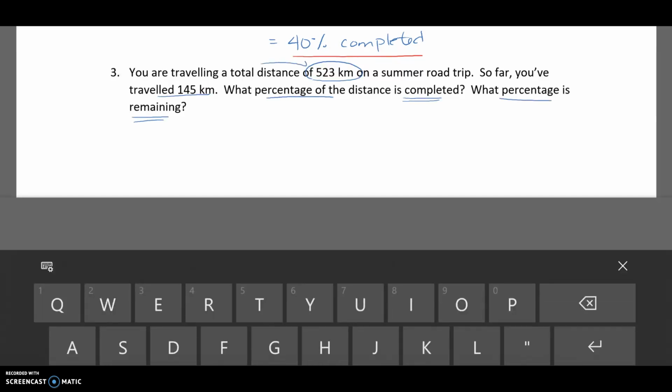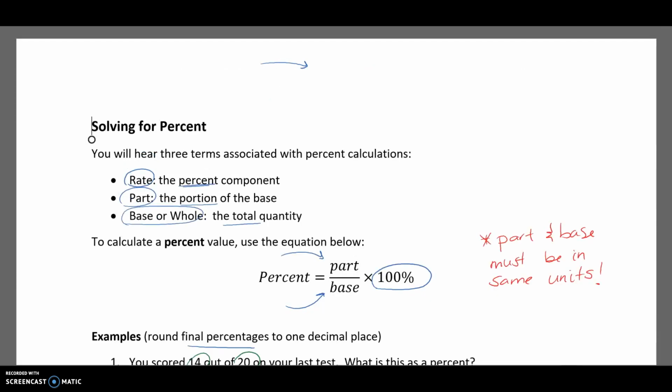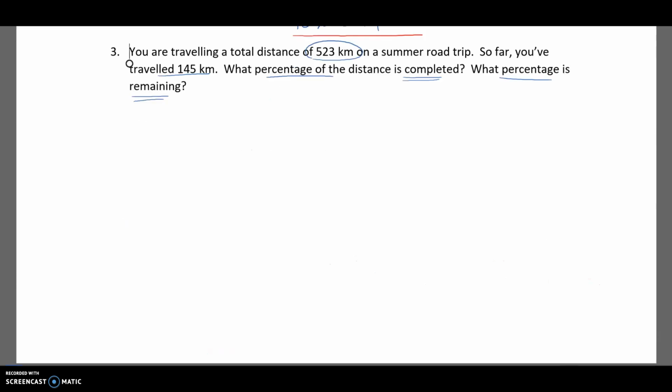We know that the total distance is our base, the 523 kilometers, and the part that's been traveled is 145 kilometers. If we use that to find our percent, because our part is the distance traveled, this will give us the percent of the trip that's completed or traveled.